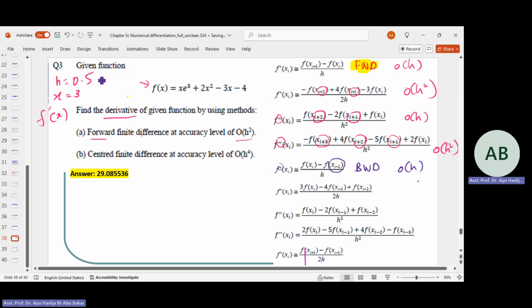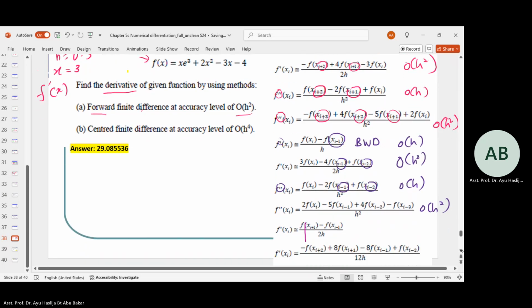So when it involves minus, it is always backward. It's just a different level. This one is O level 2. Second derivative, backward as well, because i minus 1 and 2. This one is level 2. Clear? That is how to identify the equation.